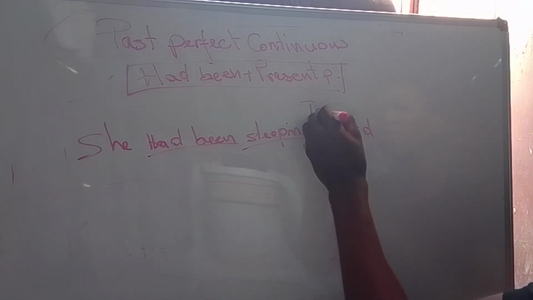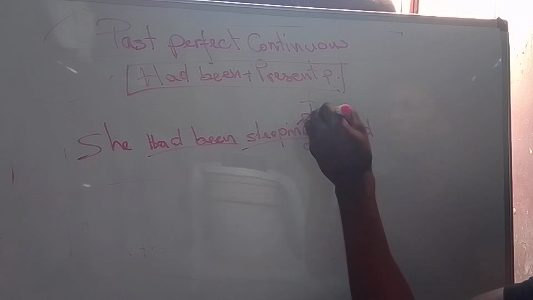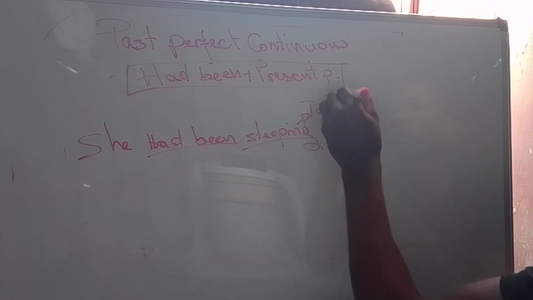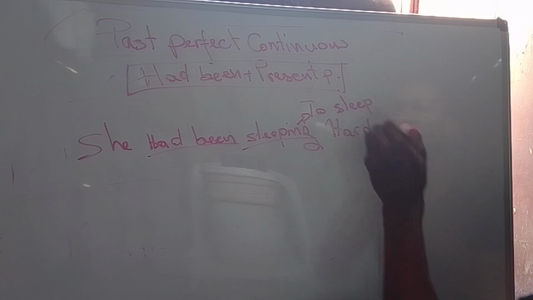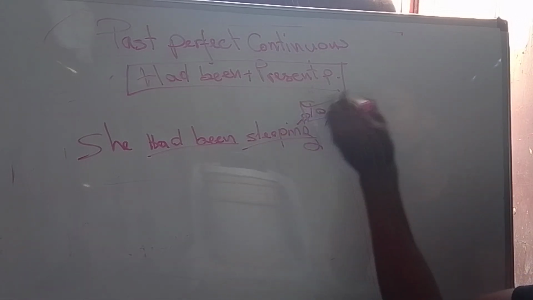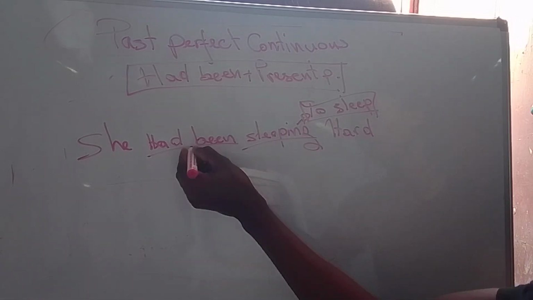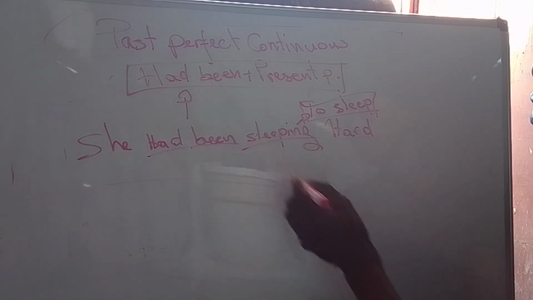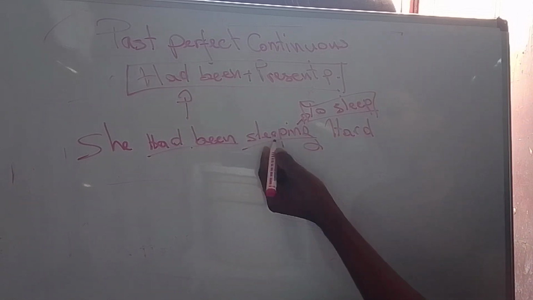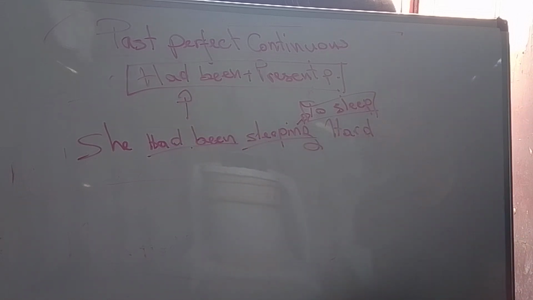To sleep. The verb is to sleep. Had been, had been right here. Sleeping is the present participle of the verb to sleep. Okay?